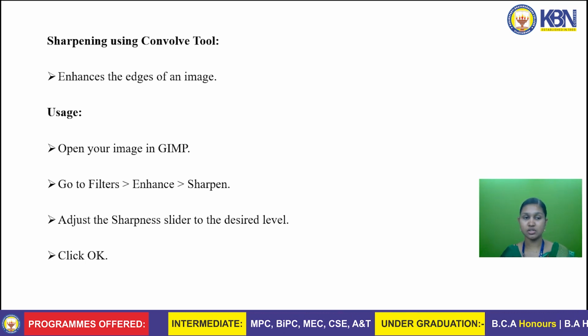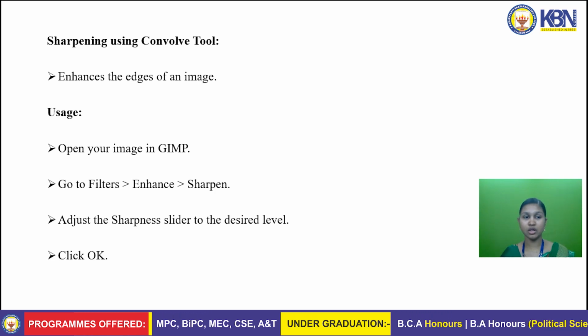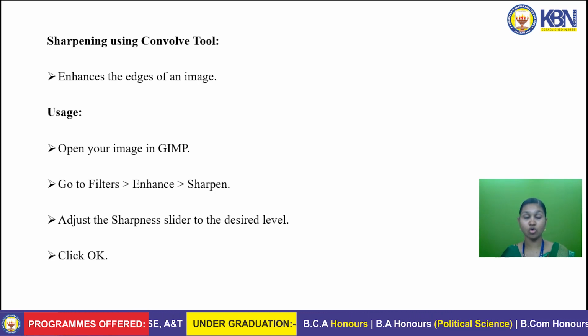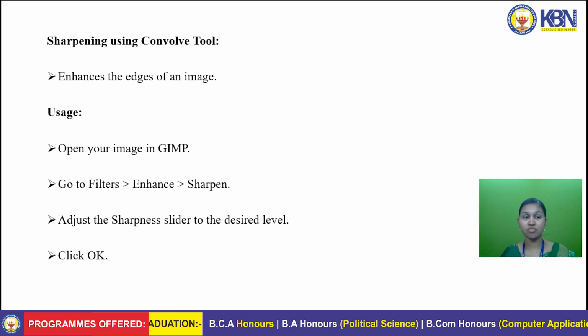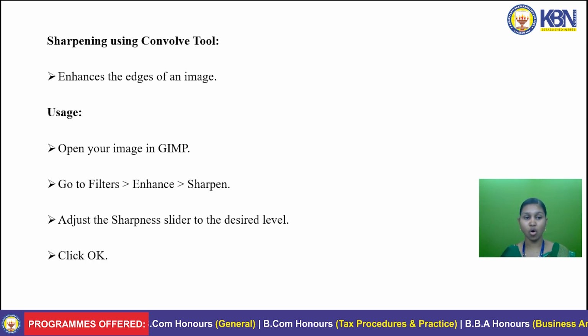Go to the GIMP software, open the image, and the filters option will be displayed. Enhance means getting a better quality from the image. Sharpening means locating the borders in the image. You adjust the sliders or decide a particular level so that the image is clear with good quality.